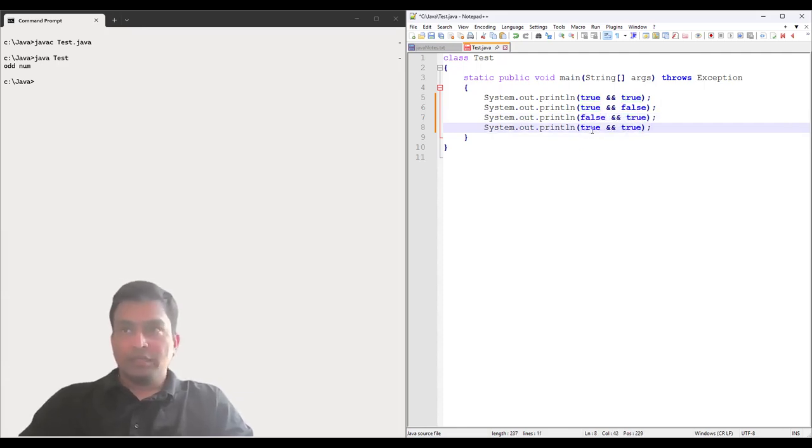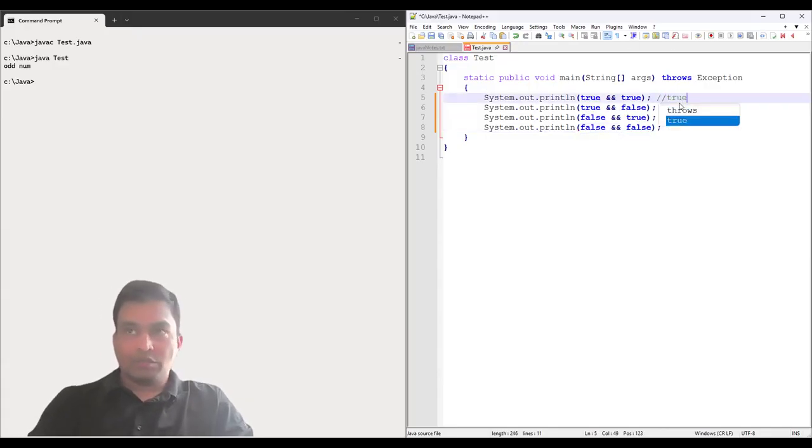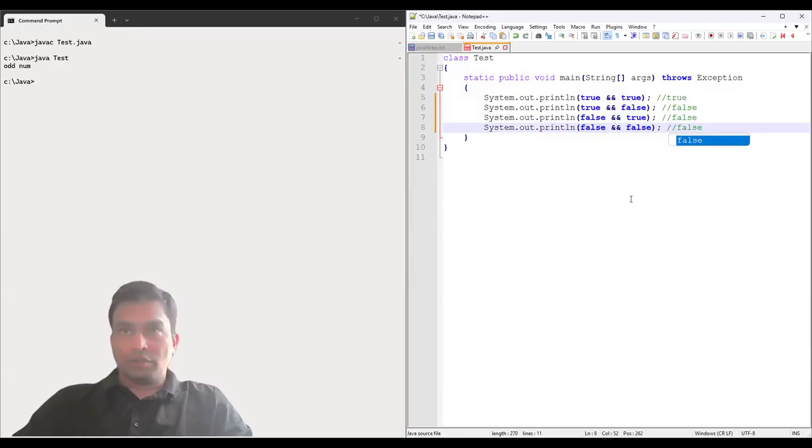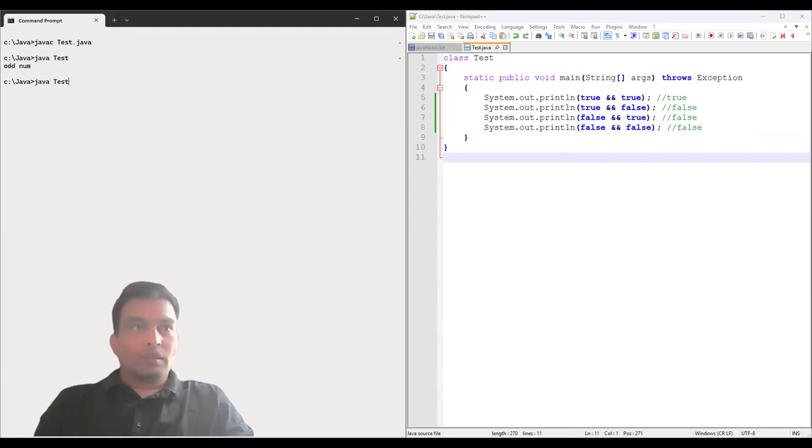And finally, take both false. So with the logical and, if both are true, then it's true. If one is false, then it's false. And here also one is false, then it's false. Here both are false, then it's false. Let's compile and see how the result looks like.